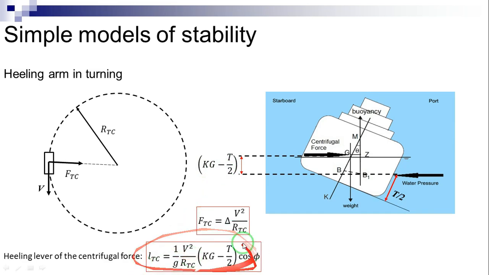Dividing by the displacement force, we obtain the heeling lever of the centrifugal force in turning circle. The speed v to be used in this equation is the speed in turning, smaller than the speed achieved when sailing on a straight line path. The turning radius RTC and the speed in turning v are not known in the first stages of ship design.